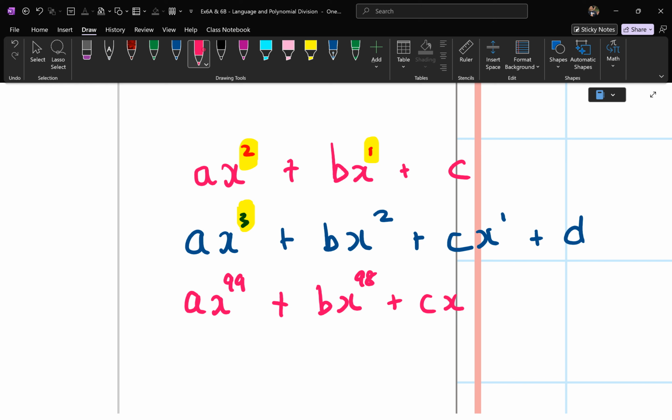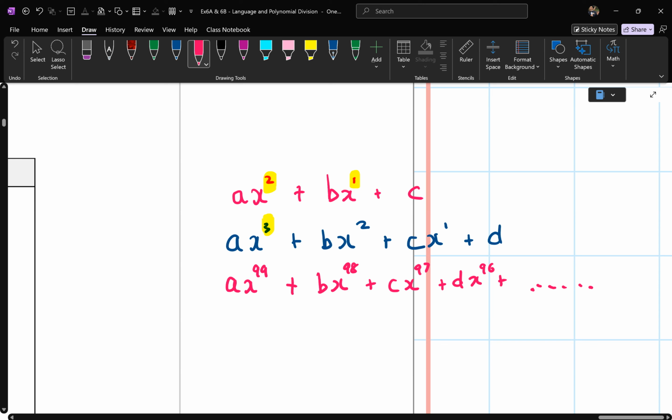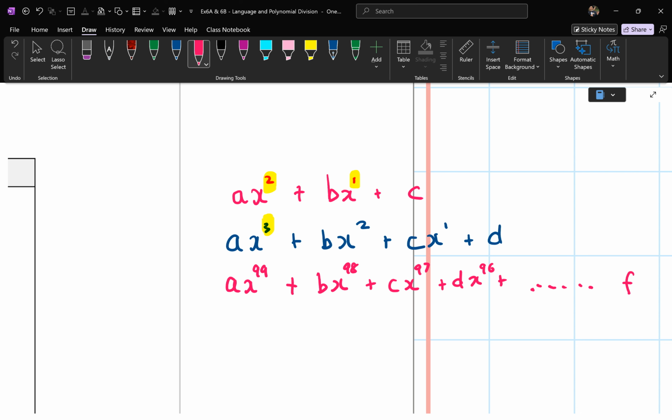Then it's c x to the power of 97 plus d x to the power of 96. And you pretty much do the same thing all the way until you get to, well, I don't know what to call it. Let's say F for final letter. Whatever that final letter is, that value of a number, that's what it is, right?